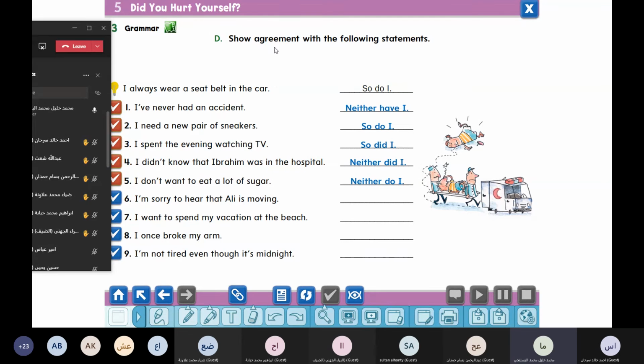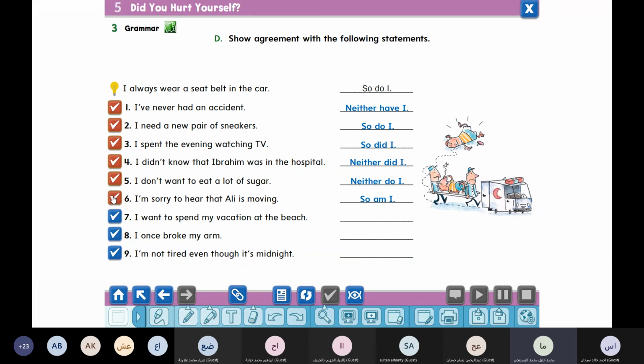We say so do I, so am I, so did I. It depends on the sentence itself. If it is negative, we use neither and the suitable verb and pronoun. If it is affirmative, we use so and the suitable verb and the pronoun.